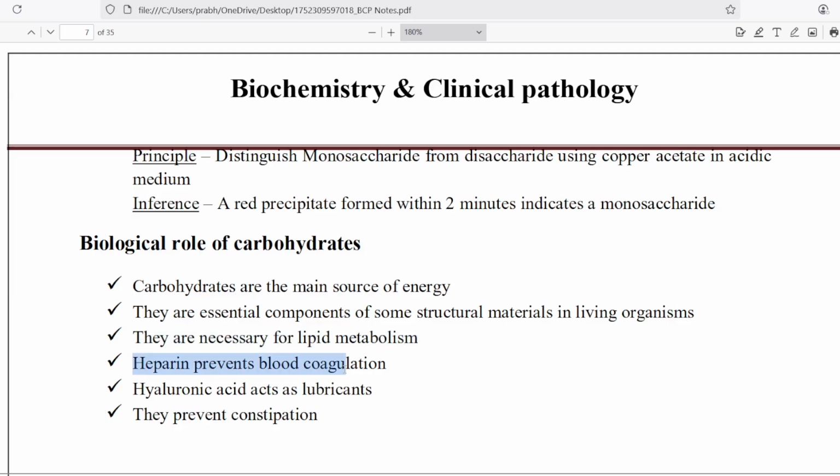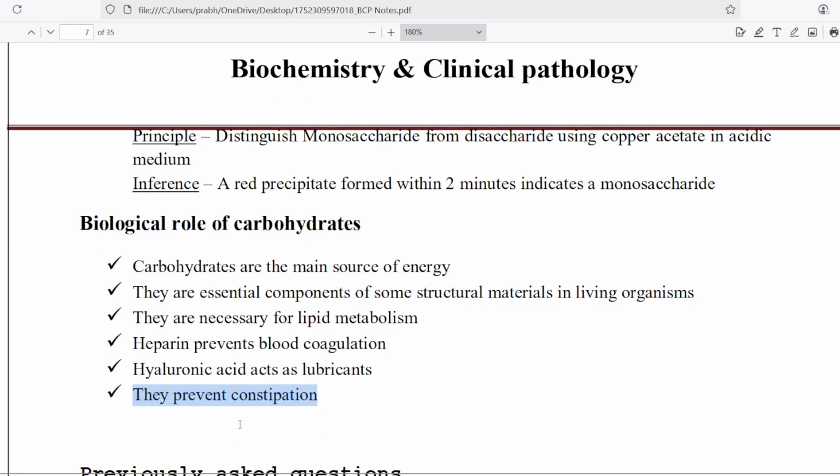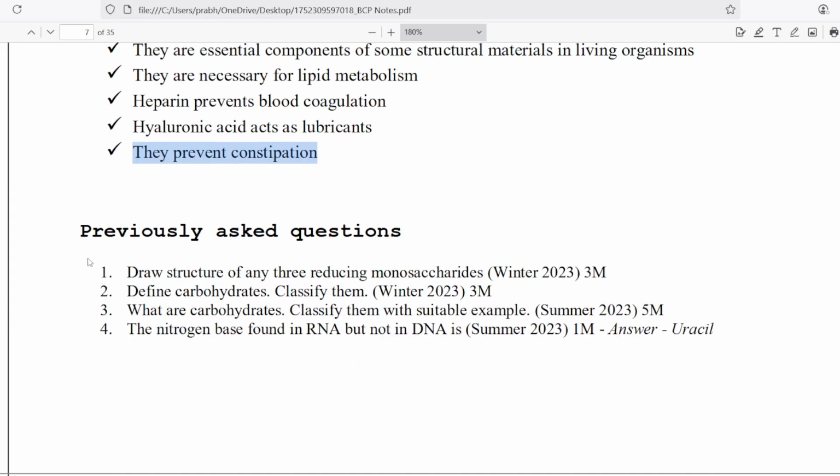Heparin prevents blood coagulation. Heparin is an example of carbohydrate. Hyaluronic acid acts as a lubricant. Then carbohydrates prevent constipation.